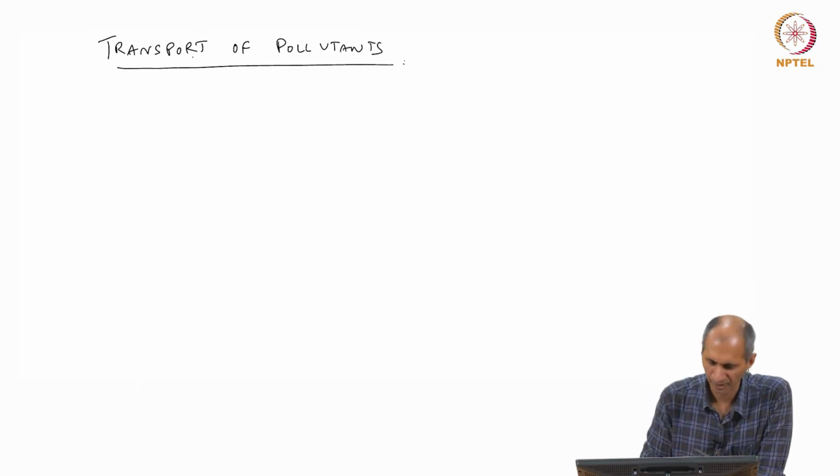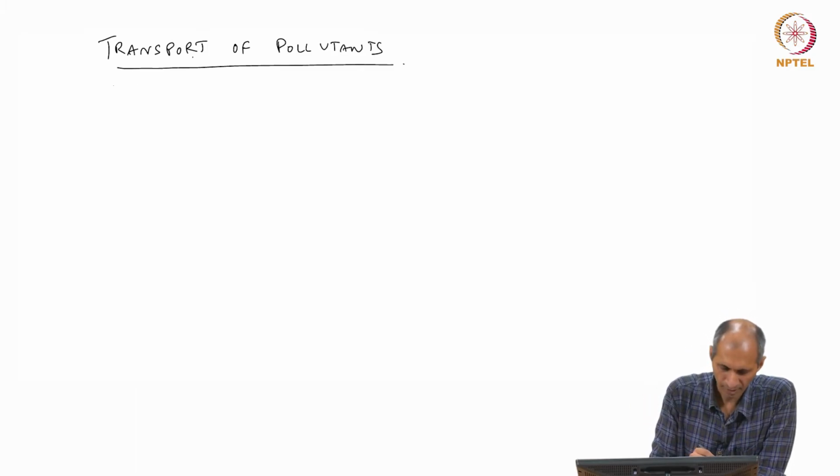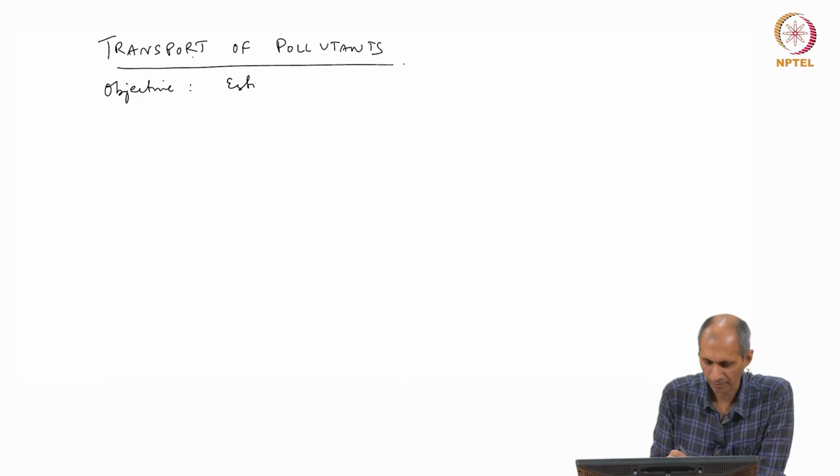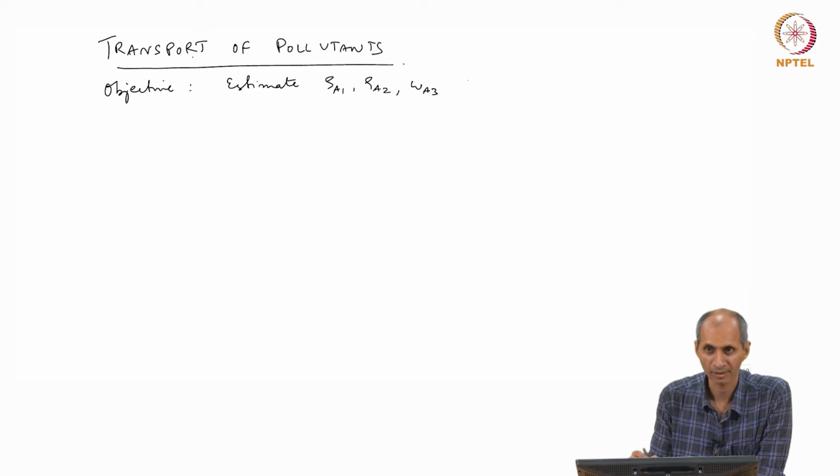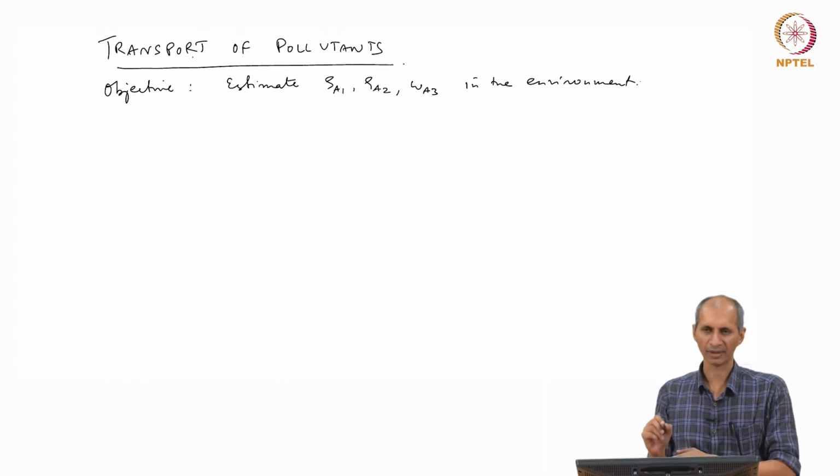The overall scheme of things is, our objective is to estimate the concentrations rho A1, rho A2, rho A3, any of these in the environment under a wide variety of scenarios.